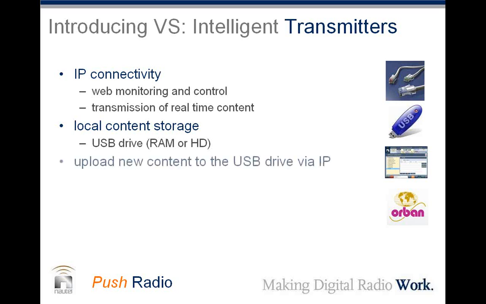And you can upload new content to the USB drive via IP, via that Cat5 connector on the back of the transmitter. It's sort of like the transmitter says, okay, you've got me connected to the Internet, and you've connected up a memory stick to me. Well, I'll just create an FTP site on that memory stick for you.